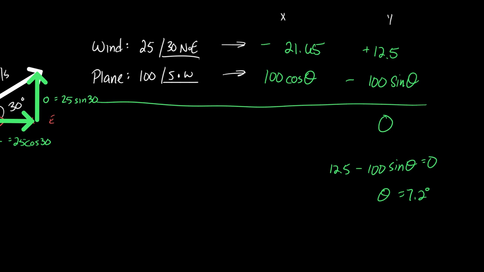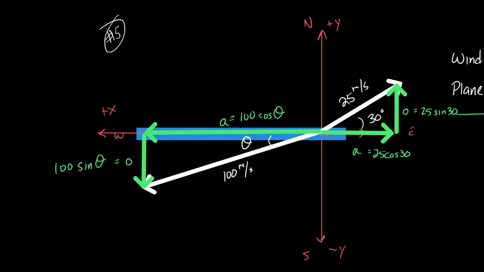Now, that's the answer to one of the questions, so let's handle that first. This angle here, theta, is 7.2 degrees, but the plane's heading is 7.2 degrees south of west. Well, I guess I should put that all inside there. 7.2 degrees south of west.